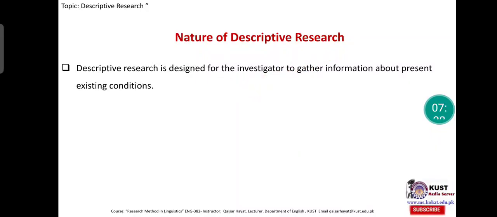So in short, I can say that the existing condition of anything, or the present existing condition of any phenomena, can be well read through the study of descriptive methods, or through the design of descriptive research.